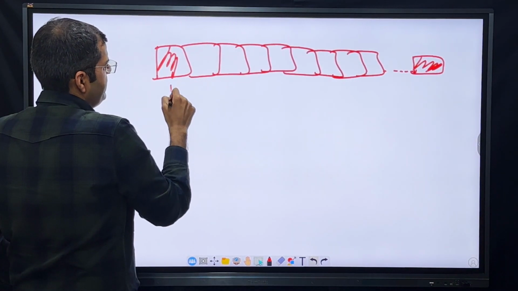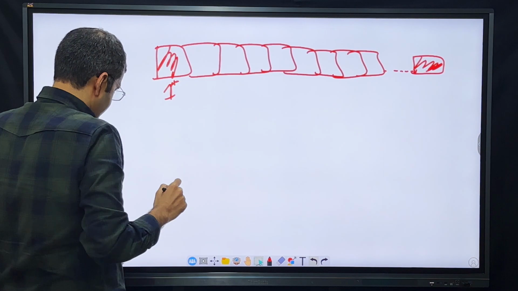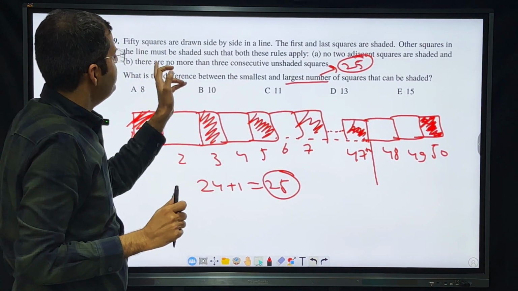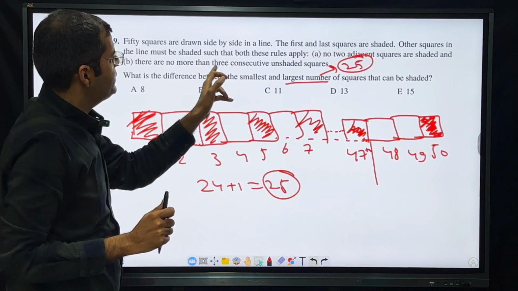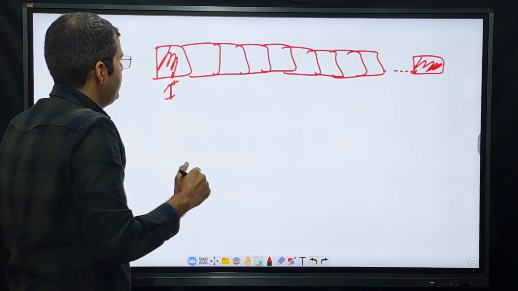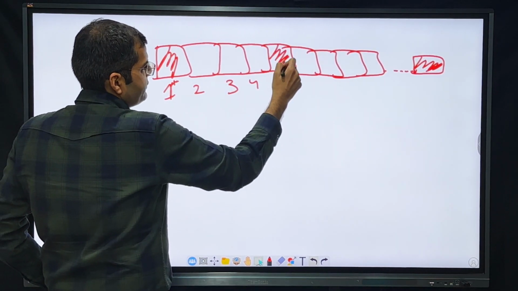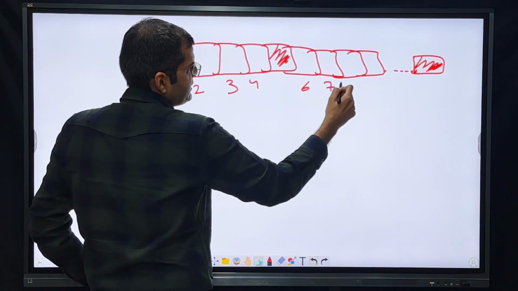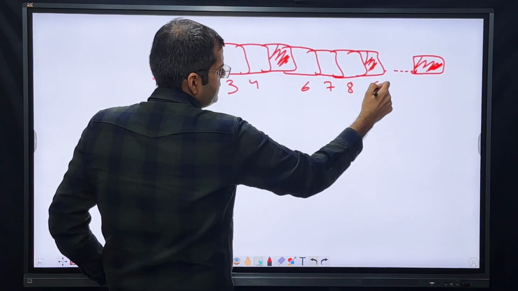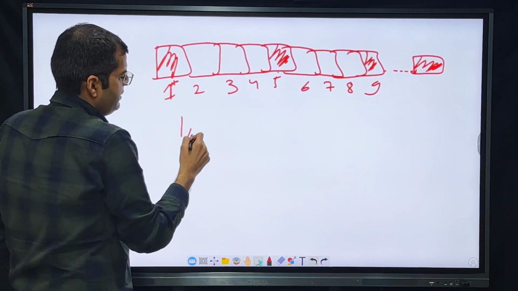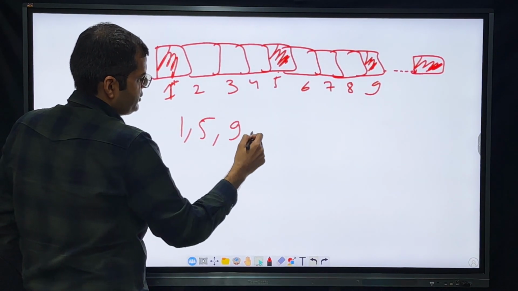It says there are no more than 3 consecutive unshaded, so I can leave the 2nd, 3rd, 4th, and then I'll shade the 5th. Then I'll leave the 6th, 7th, and 8th, and then I'll shade the 9th. So the first, 5th, and 9th are shaded.